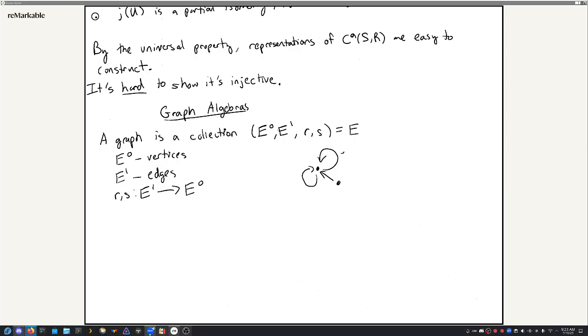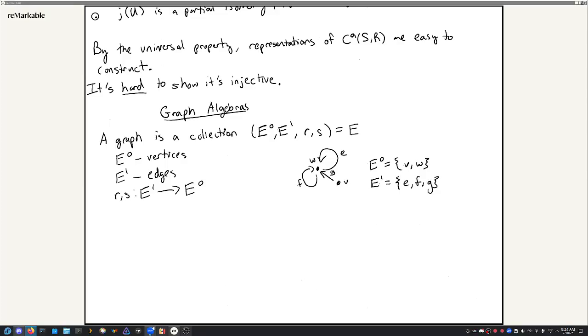So I could call this edge e, this edge f, and this edge g, this vertex v, this vertex w. So E0 is the set containing v and w. E1 is the set containing e, f, and g.